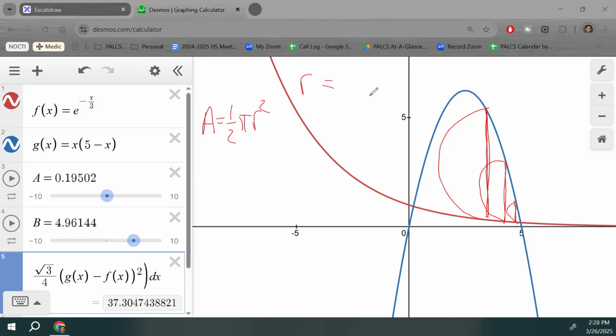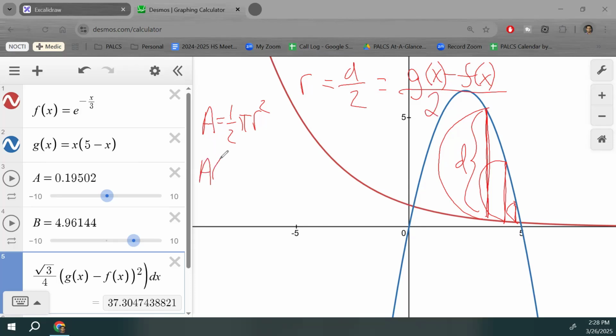Since the dimension that we're given is the diameter, this is going to be diameter over 2, and the diameter is the distance between G and F. Since G is on top, we'll do G of x minus f of x all over 2.